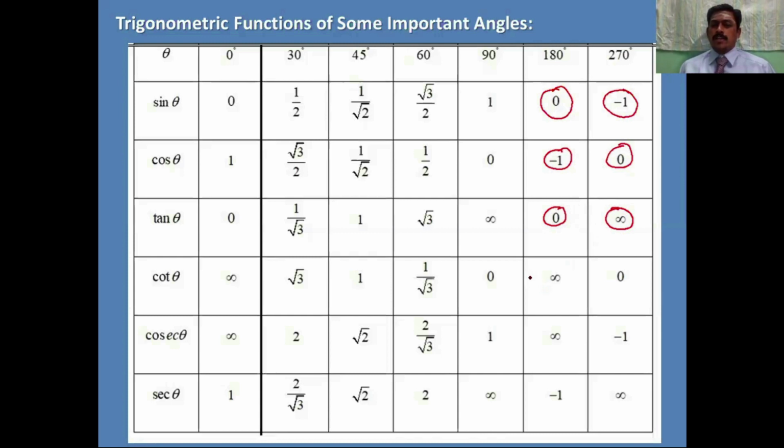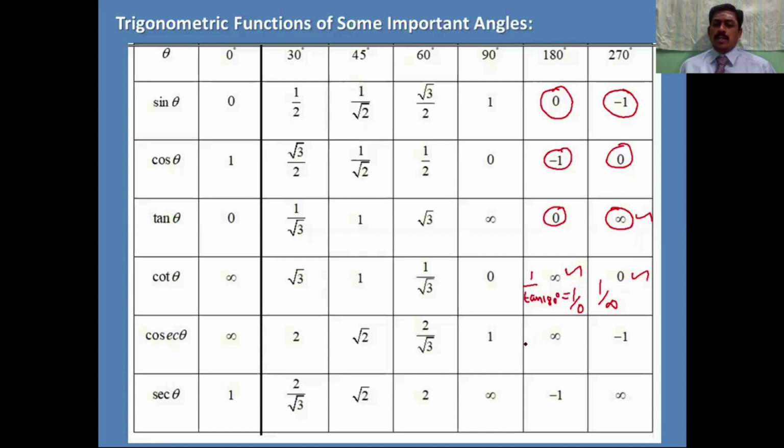Cot of 180 is nothing but 1 by tan 180, using the reciprocal ratio. We know that tan 180 is 0. So therefore 1 by 0 is infinity. The same way, for 270 degree, cot 270 equals 1 by tan 270. Tan 270 is infinity, so 1 by infinity is 0.